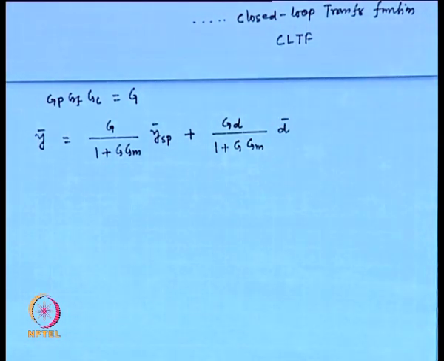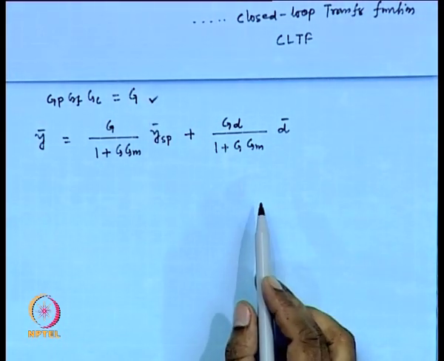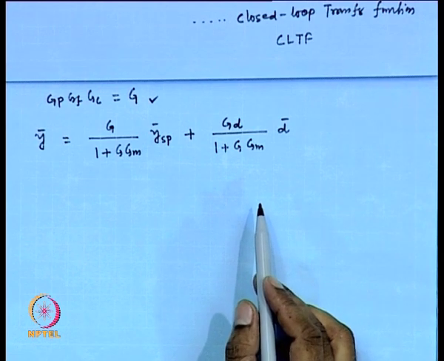Fine. Considering G p, G f, G c equals G, we get this form of closed loop transfer function.